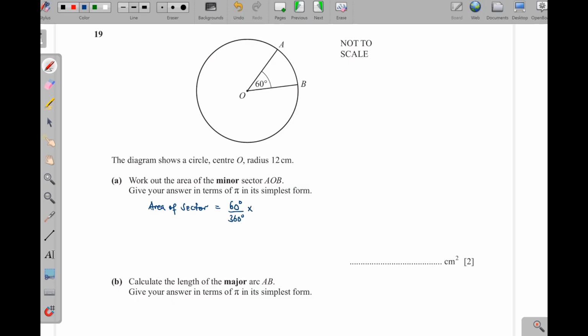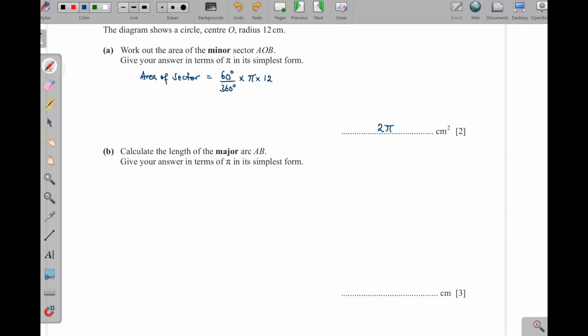Then times the area of the circle, which is pi r squared, and the radius is 12. Now, 6 can go into 36 6 times. Then 6 can go into the 12 2 times. So that means we are getting 2 pi. That is our answer here. Remember that you leave pi in your answer.